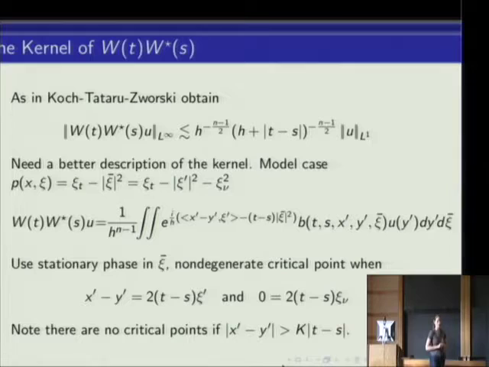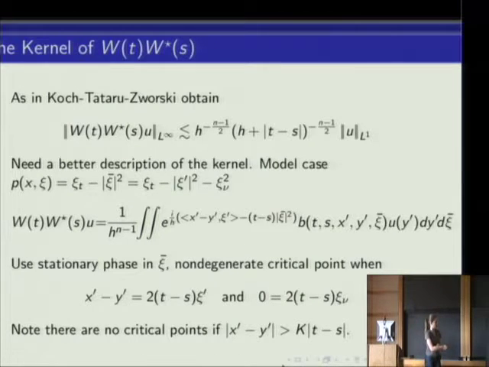So just in trying to avoid ending up with long, complicated calculations, I'm just going to do this for a model case here. So the model case is xi_t minus xi bar squared, which when I write it out to separate between the dashed variables and the new variable is xi_t minus xi dash squared minus xi nu squared. And in this case, you can write a very nice expression for W_t W star_S.